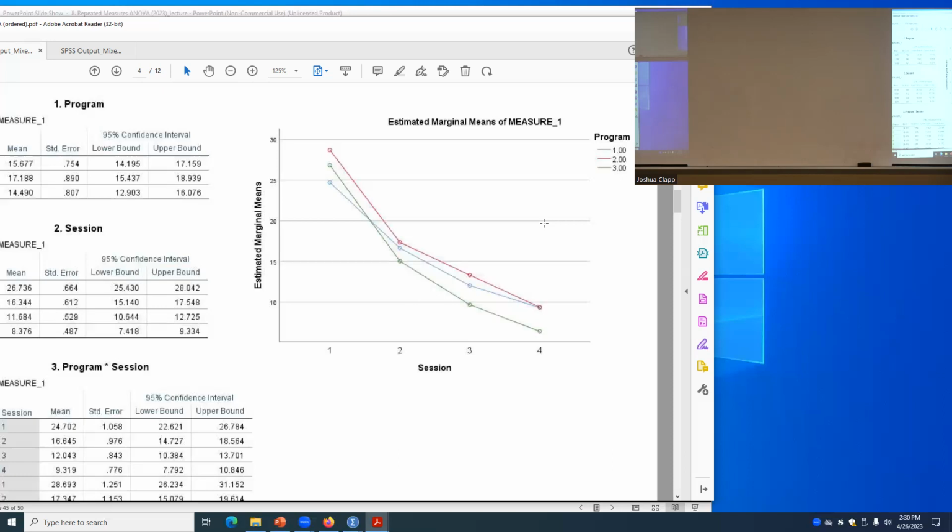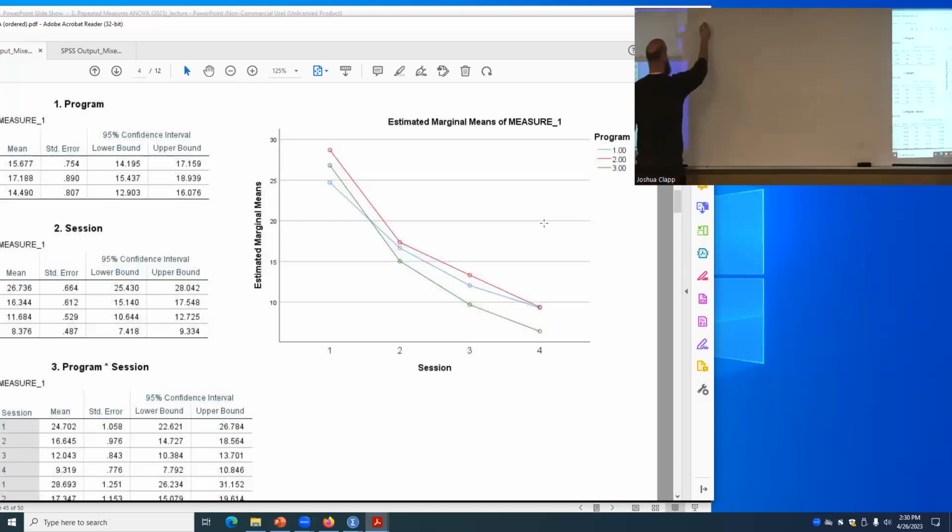Now, if I go through and take a look, the thing I want to be thinking about here is that at each one of these time points, I've got 3 different pairwise comparisons that I could make, right? So if I'm sticking to 3 pairwise comparisons at each time point, I've got 3, 6, 9, 12.